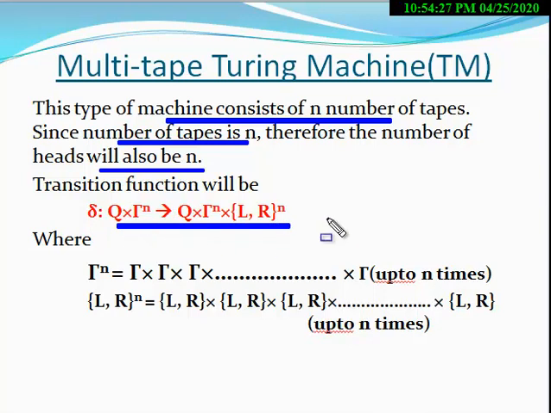So look at the transition function clearly. The remaining 6 parameters are the same here also, but the 7th parameter, that is the transition function, differs. Here Γ^n is defined like this: Γ × Γ × Γ and so on up to n times.